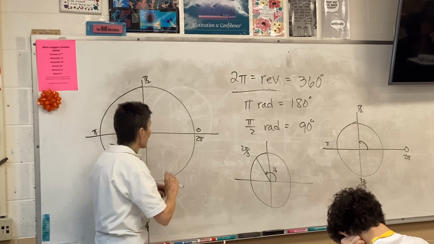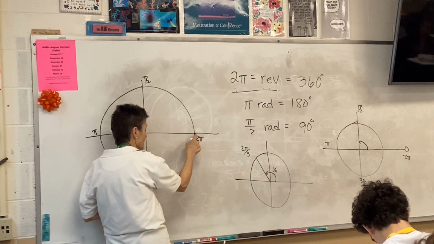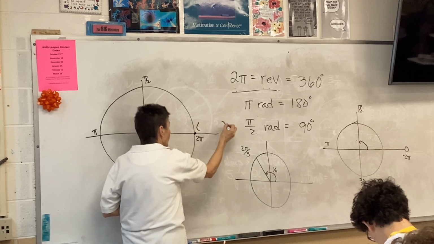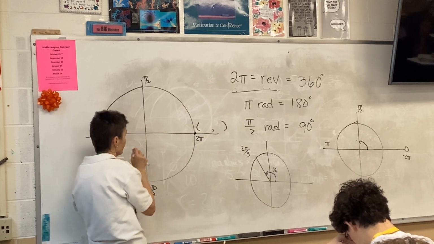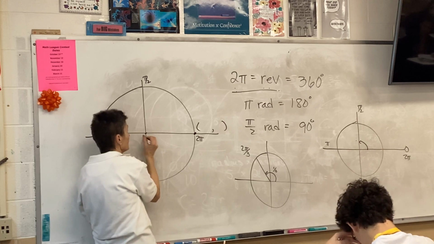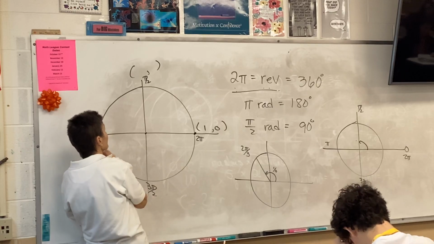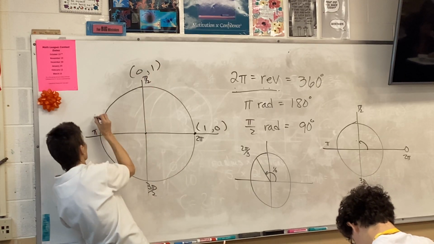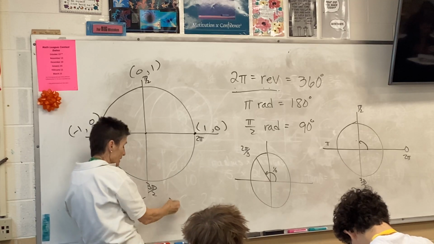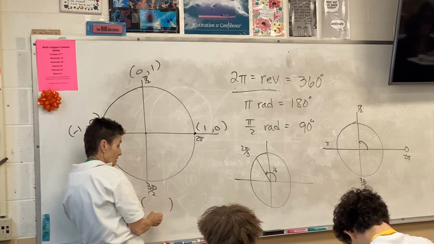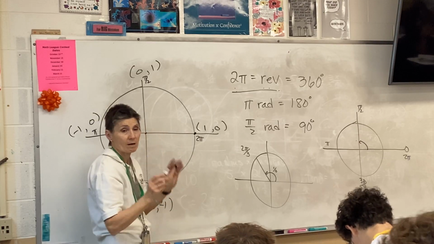So without knowing anything, I know the coordinates of this point, if that's a unit circle, would be 1, 0. And this guy up here is going to be 0, 1. This guy over here is -1, 0. And down here is 0, -1. So those points are automatic.